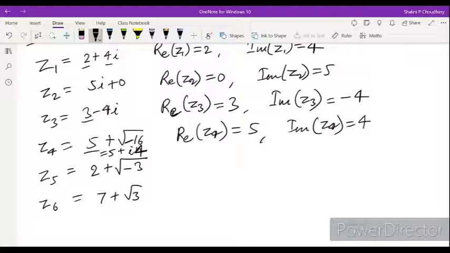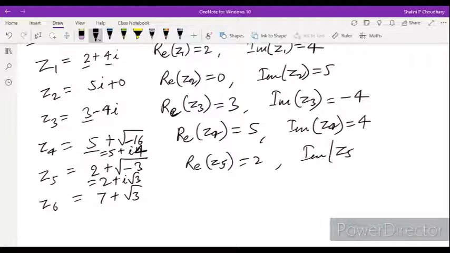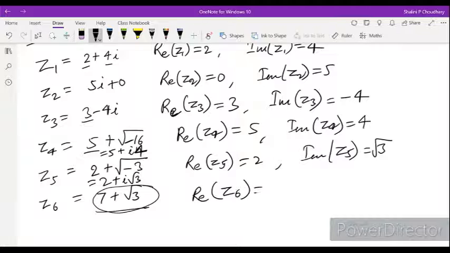Now in this one, we can write like 2 plus i root 3. So real part of z5 will be 2 and imaginary part of z5 will be equal to square root of 3. And in this one, there is i का value है क्या? This is not -3, this is +3. So real part of z6 is equal to 7 plus root 3 and imaginary part of z6 क्या होगा? यहाँ पे है ही नहीं, तो 0 into i. So that will be 0.